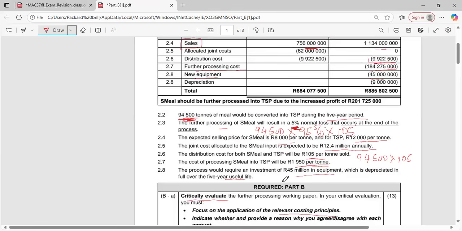You are now applying your relevant cost understanding. So the cost of the new equipment is relevant to TSP. So which means the 45 which was deducted here is correct.